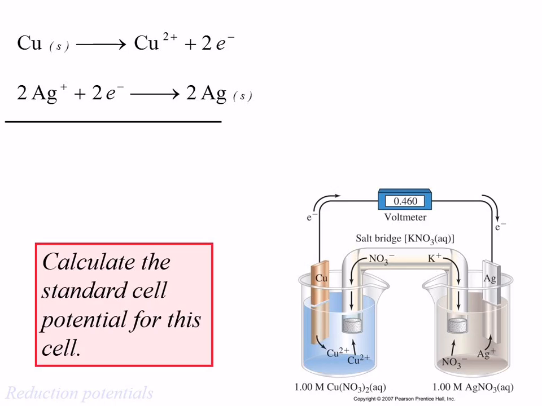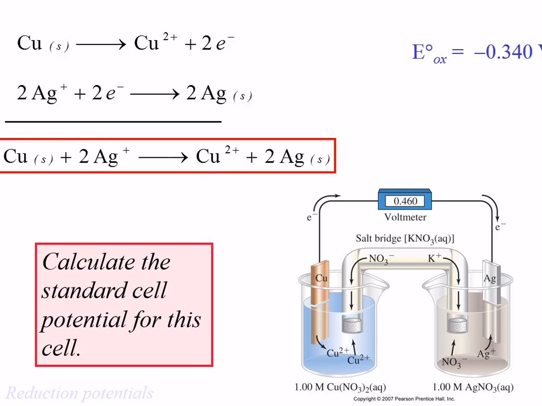If we look up on that table, you're going to find the potential for the reduction of copper is plus 0.340.